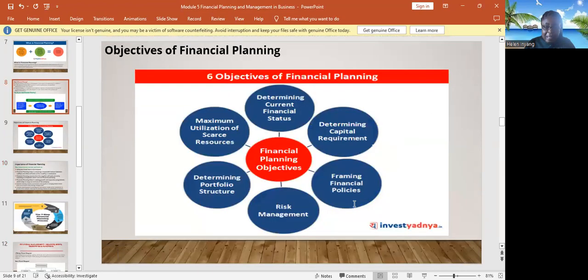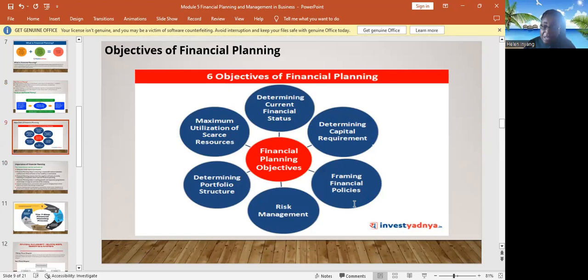Then let's quickly look at the objectives of financial planning. There are 6 objectives of financial planning. These are: it will help you to determine your current financial status, and then make the redress.